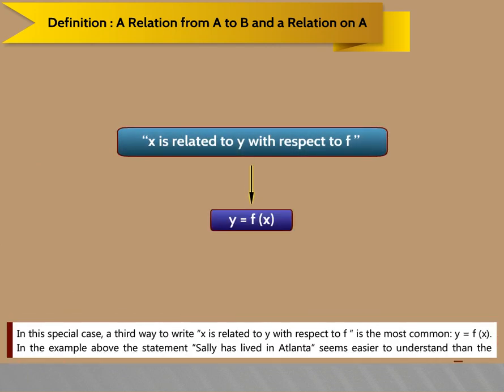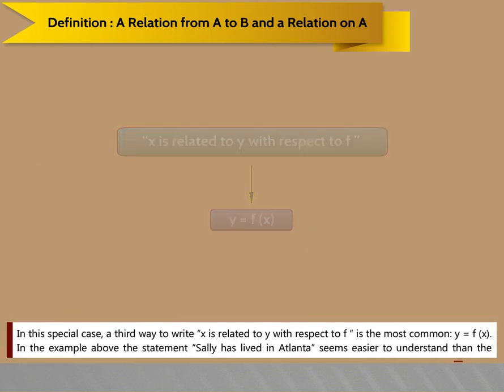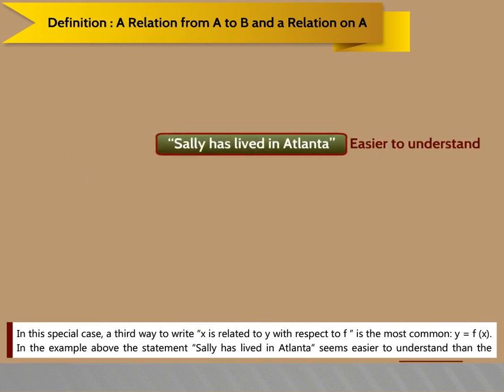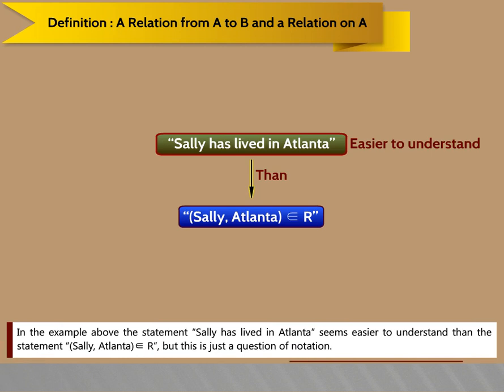In this special case, a third way to write x is related to y with respect to f is the most common, y is equal to f of x. In the example above, the statement "Sally has lived in Atlanta" seems easier to understand than the statement (Sally, Atlanta) is an element of R, but this is just a question of notation.